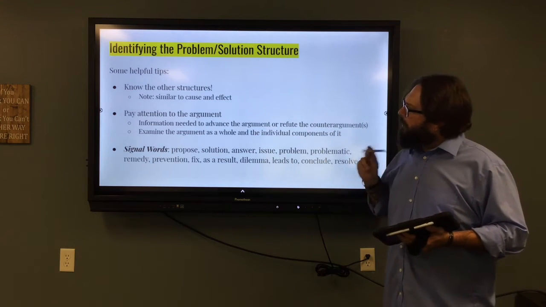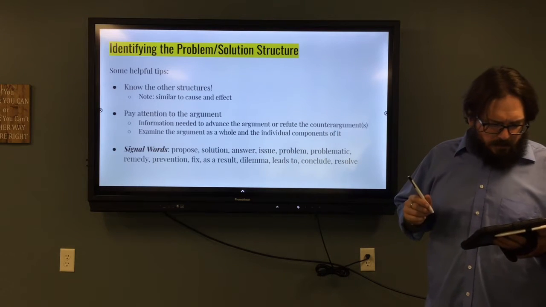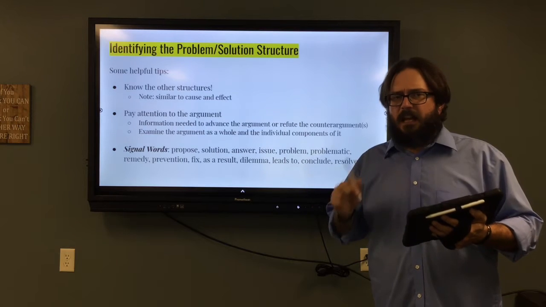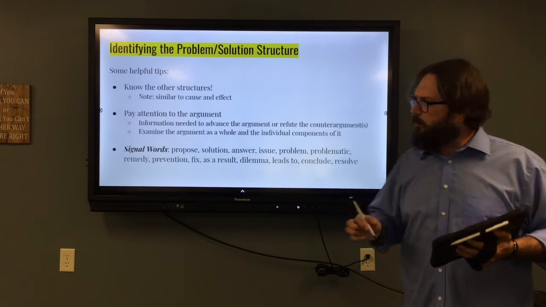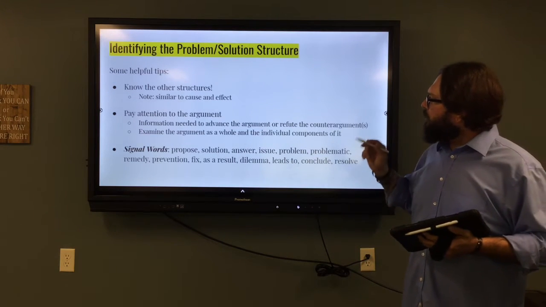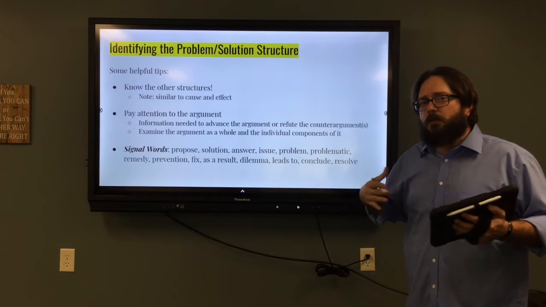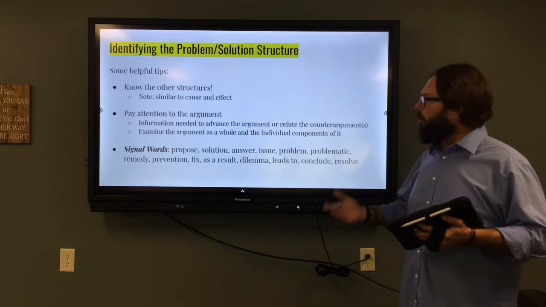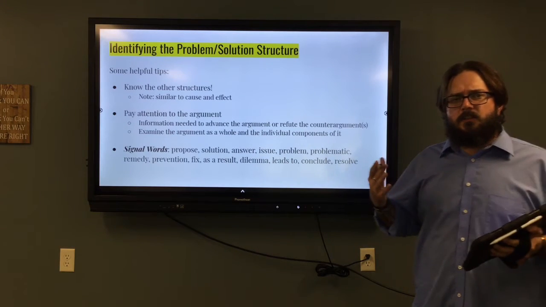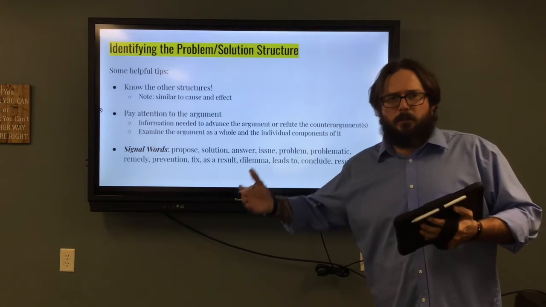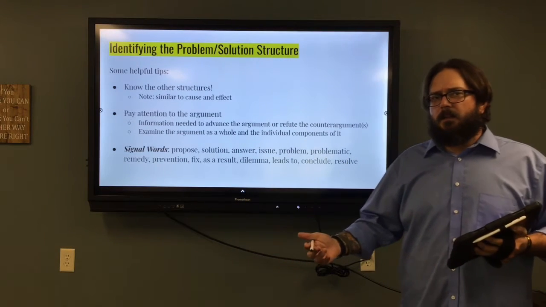It's also helpful to pay attention to the argument, the information needed to advance the argument or refute the counter arguments. Okay, so what we're saying there is look for what the author is arguing for. What are they arguing about? What are they arguing for? Also pay attention to any time that they disagree with a particular idea.